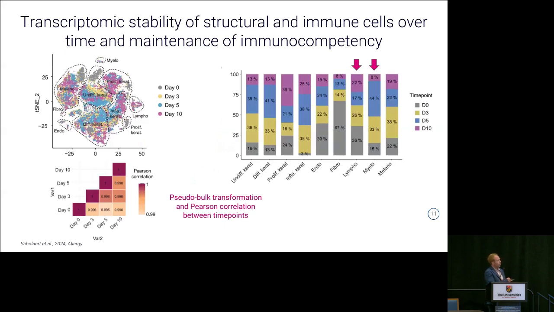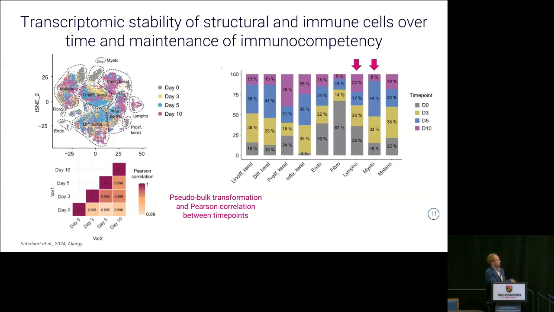So what we did here is that we took the same donor and performed single cell RNA-seq analysis at day 0, day 3, day 5, or day 10 of culture, and we compared the transcriptomic profile of all the different subsets that I just showed you. And here is the aggregated data set. What you can see already is that the pink, which is day 10, is not separated on one side from the gray, which is day 0, on the other side, meaning that there is no massive transcriptomic evolution during the culture period.